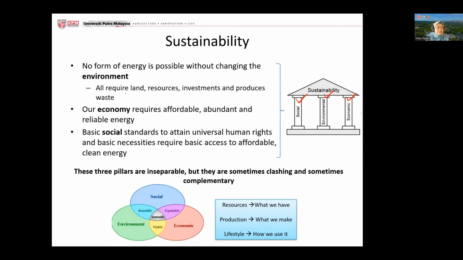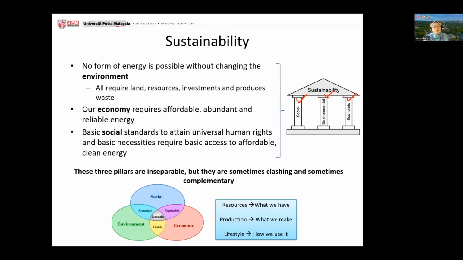As it is, you have the river, you have the sun. If you don't do anything, you don't actually get to harness that energy, right? So all of this requires land, resources, and investments. And when the energy is produced, it also produces waste. So that is the relationship to the environment.